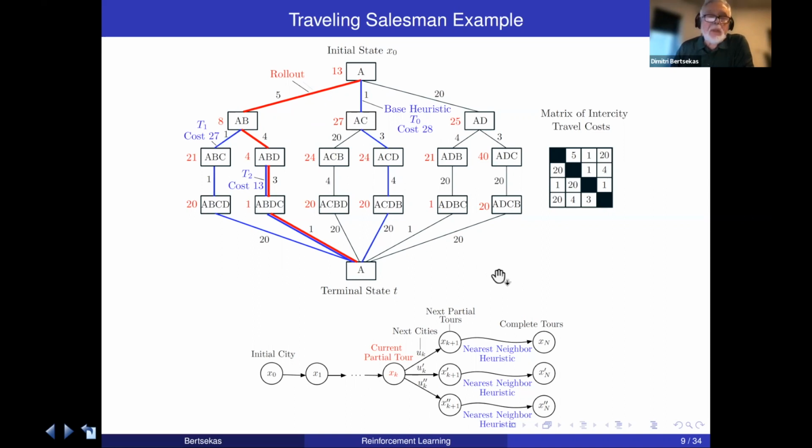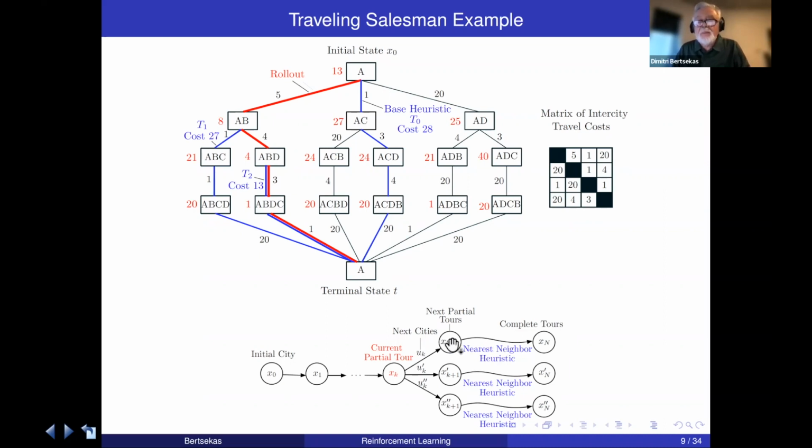Now, we want to apply rollout. Remember, in the rollout, at every state that we land, we consider all possible choices and then run this heuristic. And we're going to choose for this example a common heuristic, which is called the nearest neighbor heuristic.